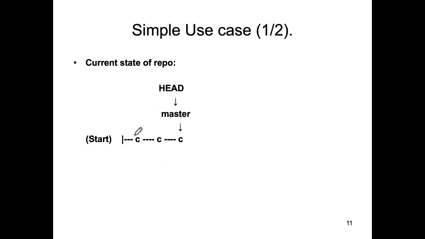I hope it works for you. A C here corresponds to a commit. So I've done 3 commits. We don't need to look at the network of objects in this case. 3 commits, and the master branch file is pointing at this commit, and head is pointing at the master branch file.